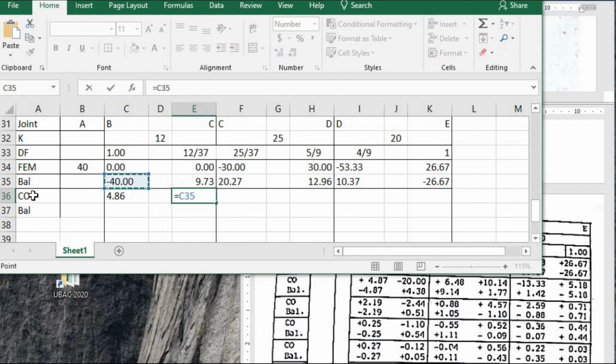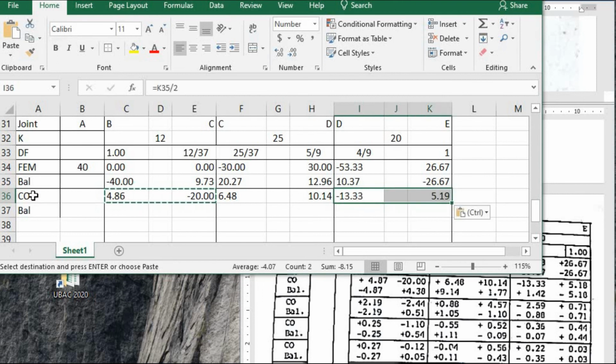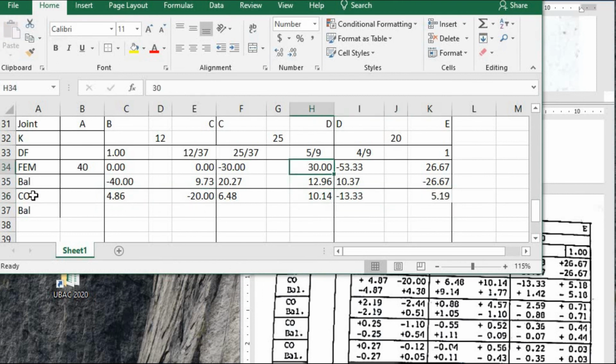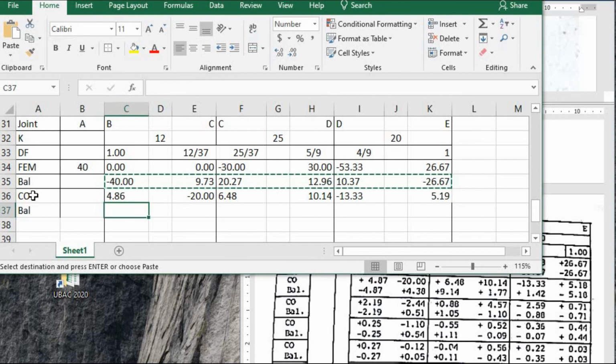Then negative 40 divided by 2. Here, 12.96 divided by 2. Or you can simply copy this. Control C, paste here, and then paste there. Okay? Next, you can also copy that. Paste it there.